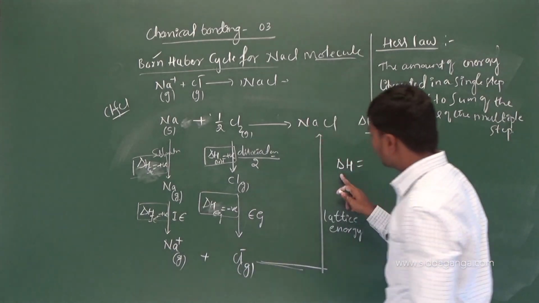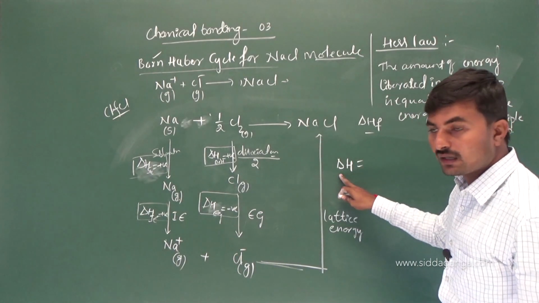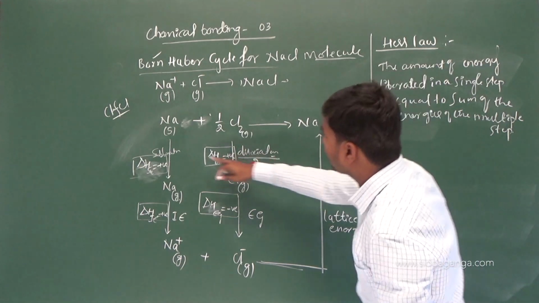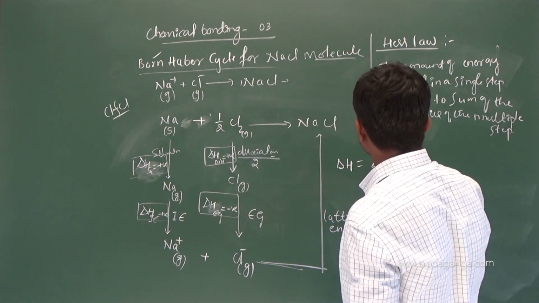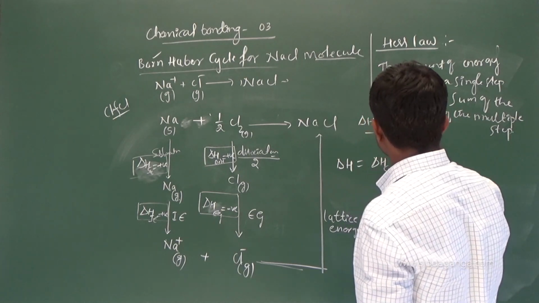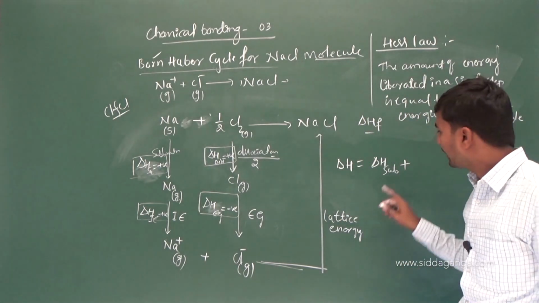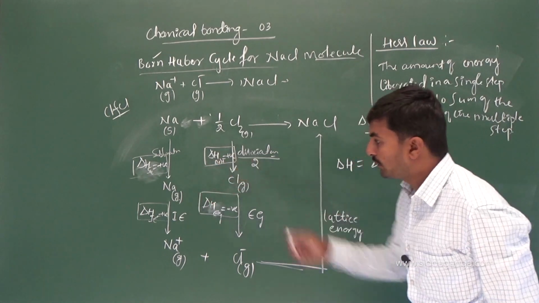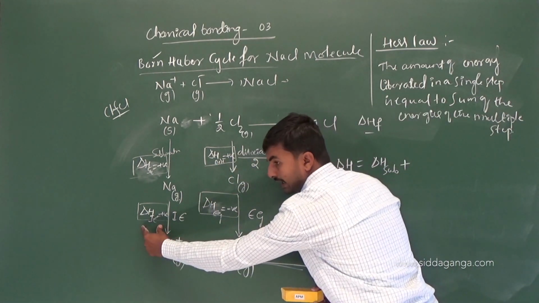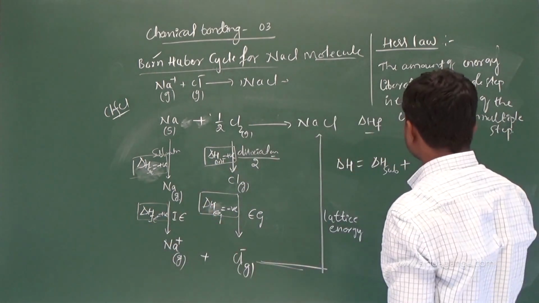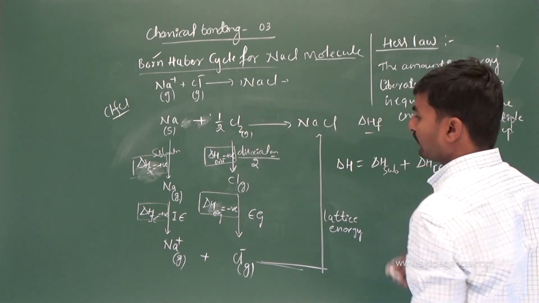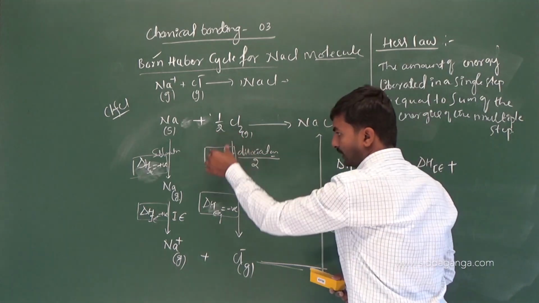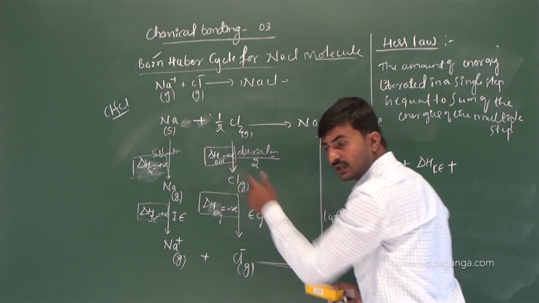The total enthalpy of the system is equal to, first, delta H sublimation plus delta H ionization energy. Second, delta H ionization energy followed by delta H dissociation energy.